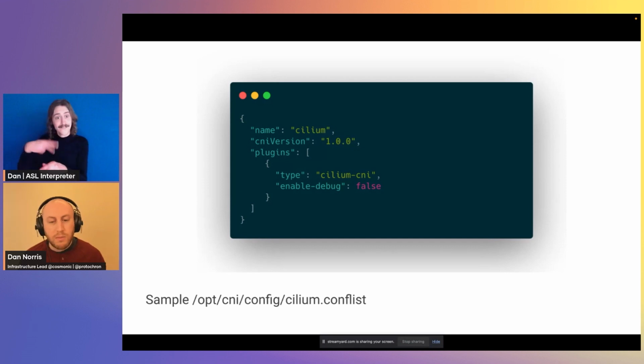There are different versions you can lock to, but 1.0 is fine. And then you just declare the list of plugins that you want it to chain together. Cilium's kind of all-encompassing, so you really only need to run it. So you declare that its type is cilium-cni, and then you can enable debugging if you're trying to do low-level stuff, or you could not. In this case, I don't, since it's not something we strictly need.